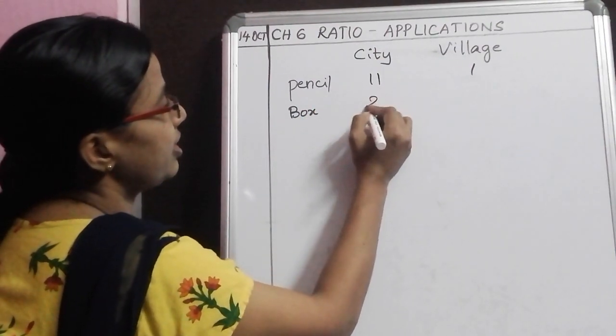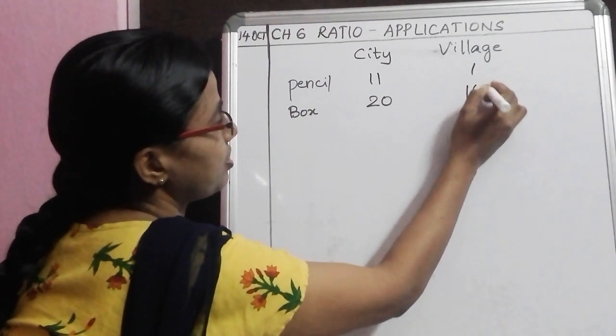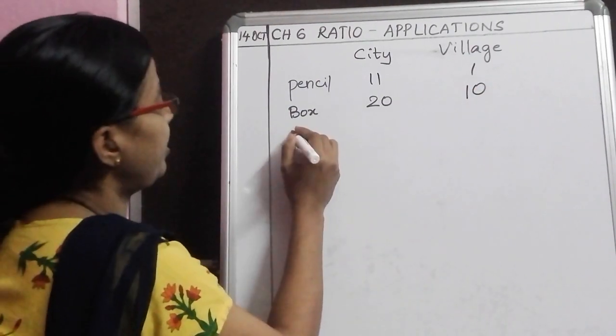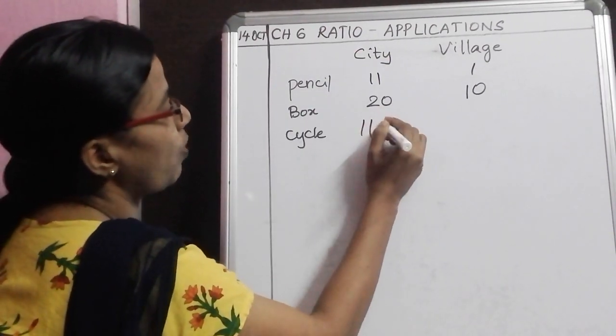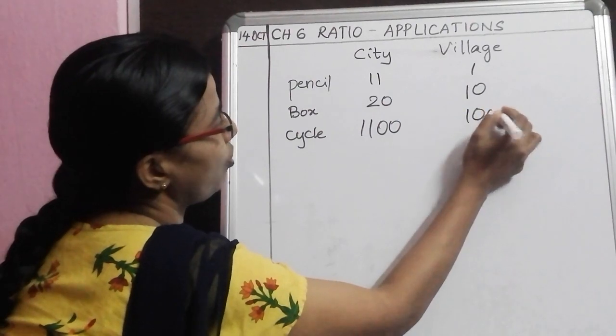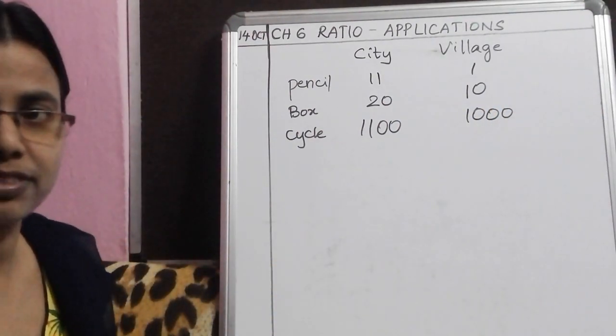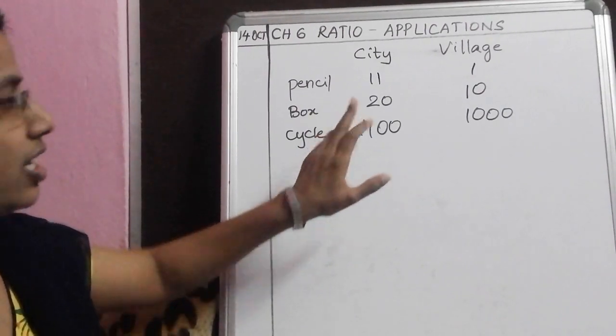In the city, it is 20 rupees, and in the village, it is 10 rupees. Let us take the cost of a cycle. In the city, it is 1100, and in the village the cost is 1000 rupees. Okay, this is just for an example that we are taking.